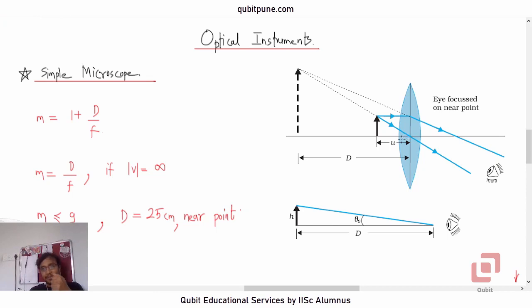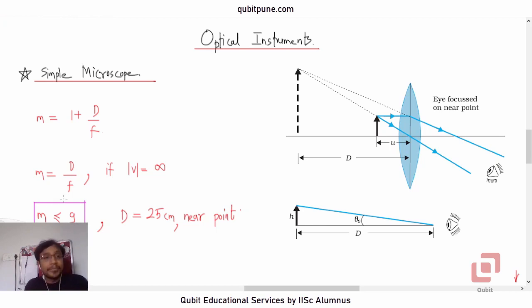Sometimes you get a blurry image but magnified, or a sharp image but its magnification is not that much. Usually the simple microscope works well when you have linear magnifications somewhere between 2 and 9.